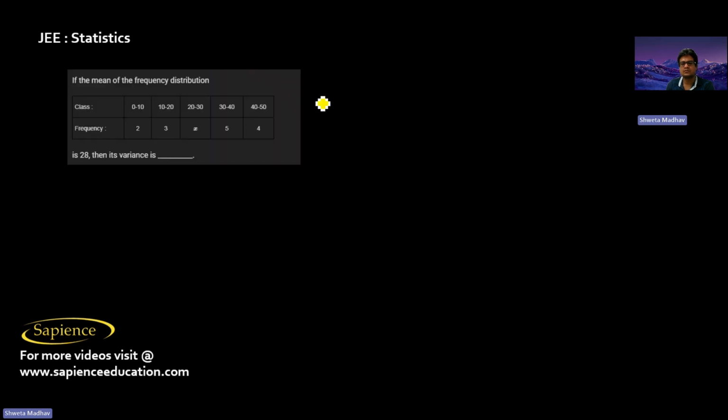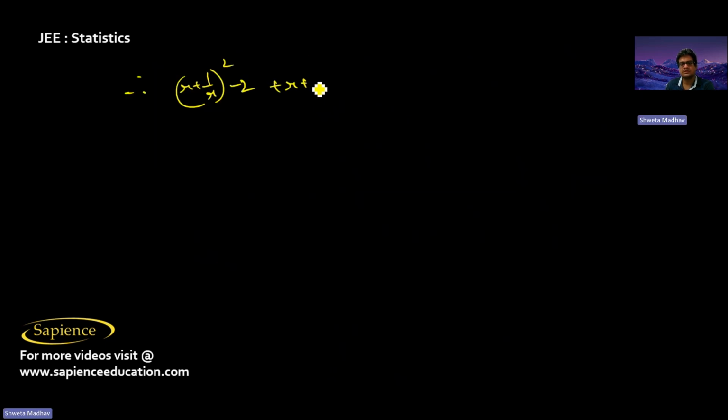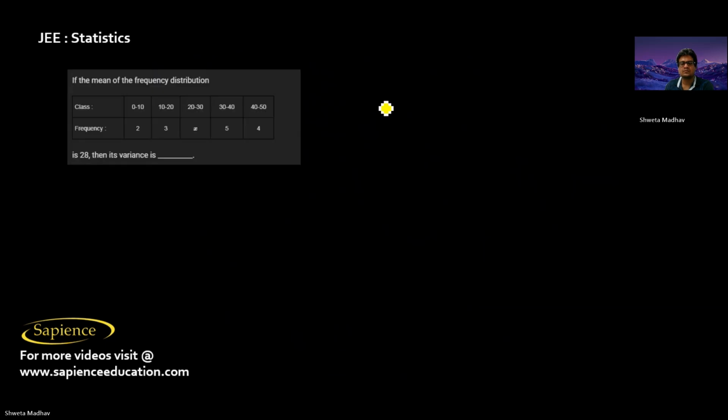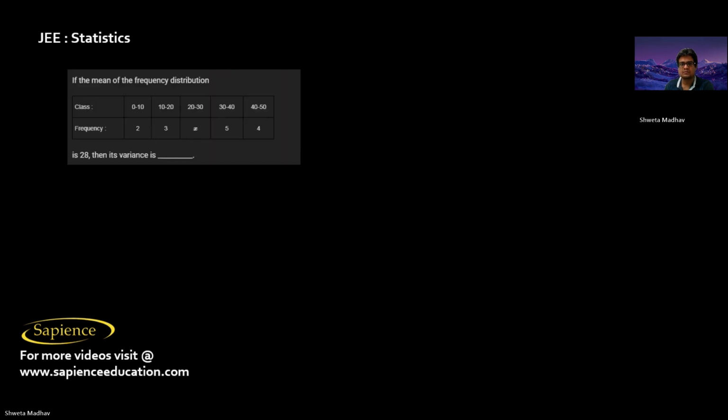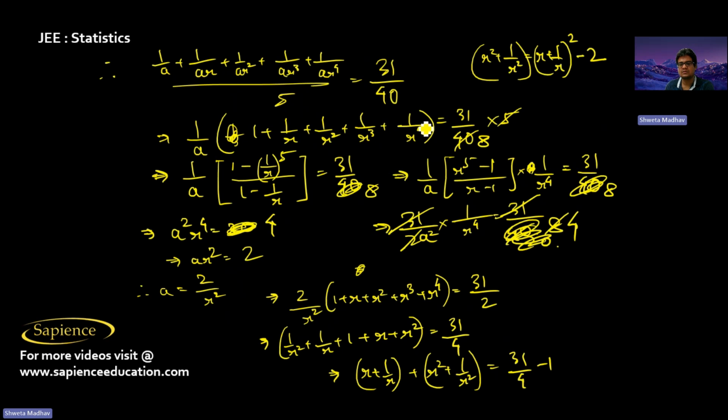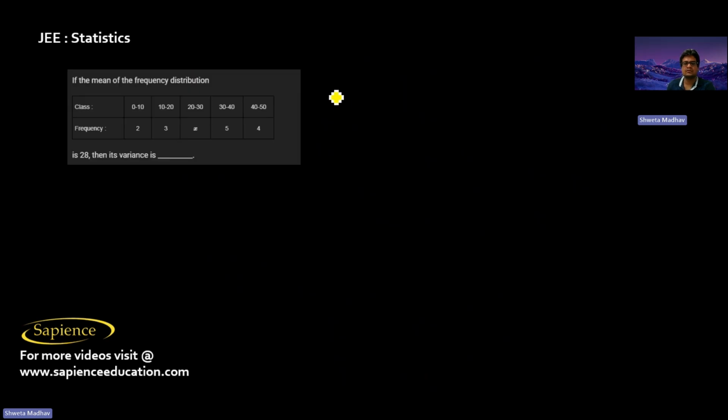So r plus 1 by r whole square minus 2 plus r plus 1 by r is equal to 27 by 4.